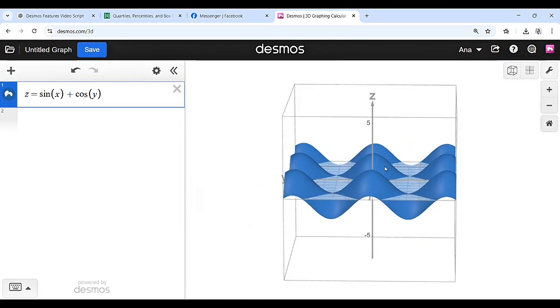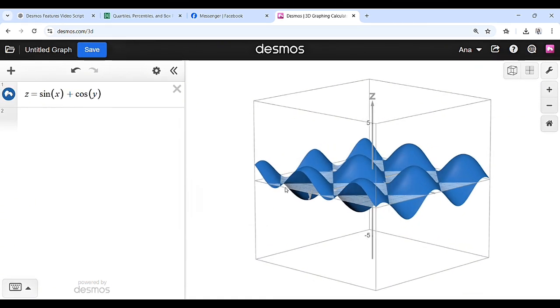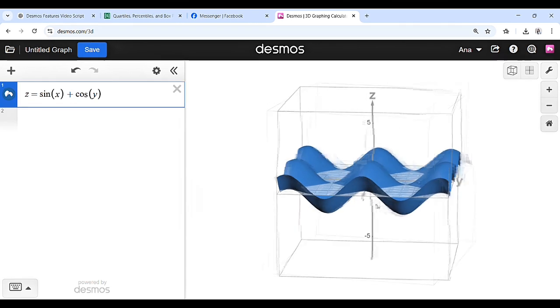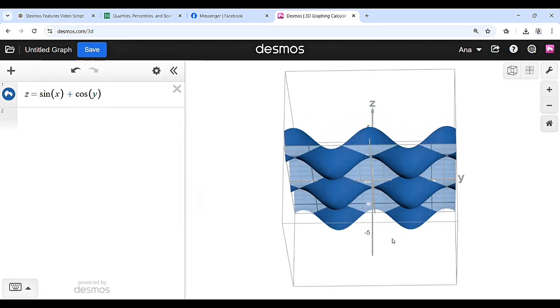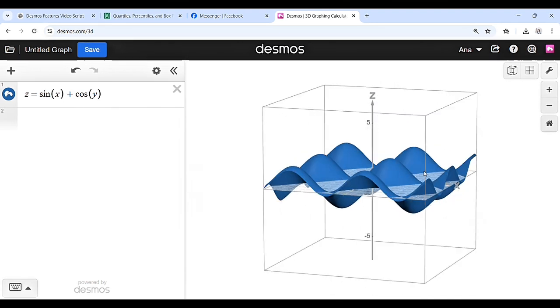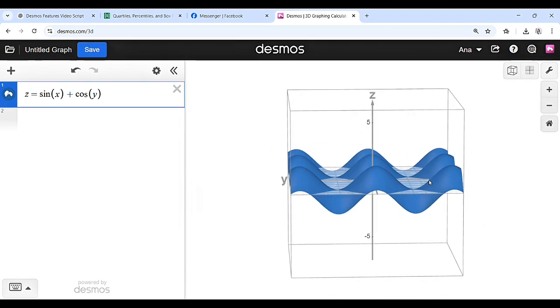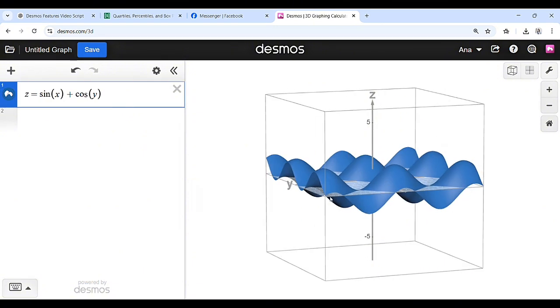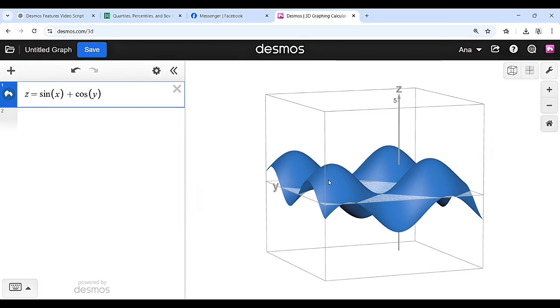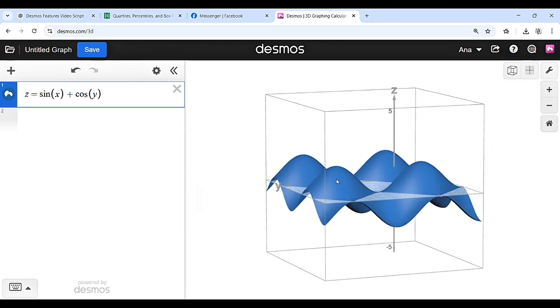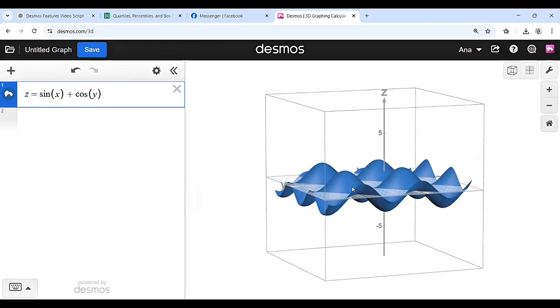These features of Desmos make it interactive and engaging. We can rotate the graph to see all of the sides or flip it. We can also zoom in and explore from different angles. So these features help students really understand surfaces and spatial relationships.